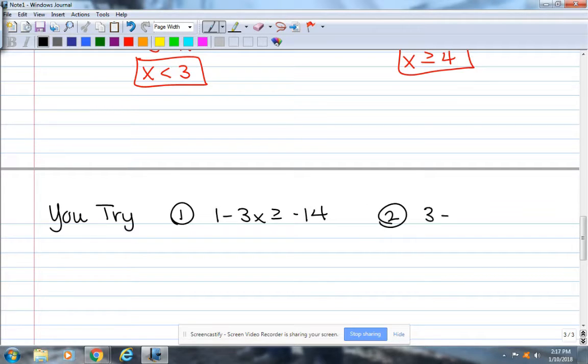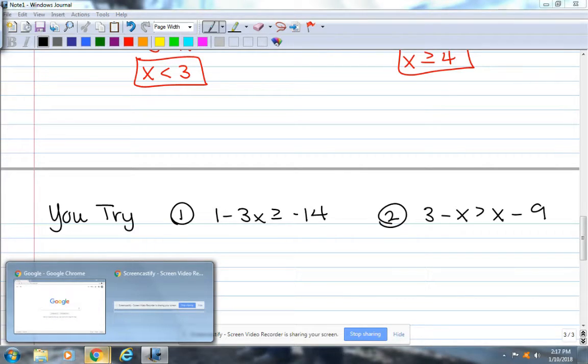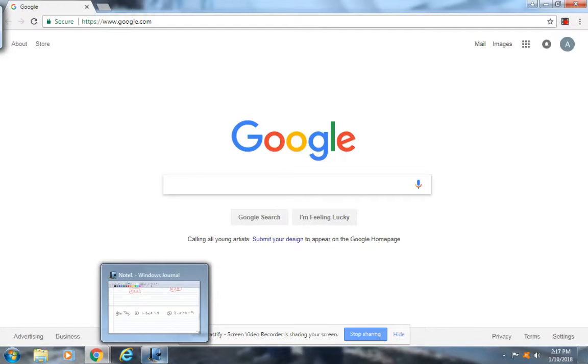And 3 minus x is greater than x minus 9. Y'all try those too.